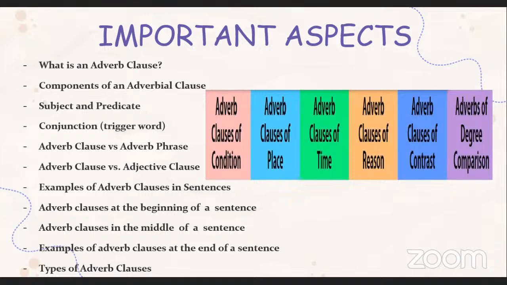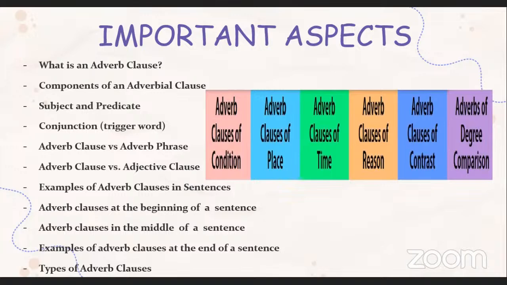They always start with a subordinating conjunction and must connect to an independent clause to make a complete sentence. An adverbial clause answers one of four questions: where, when, how, and why. Okay, that's the main information.